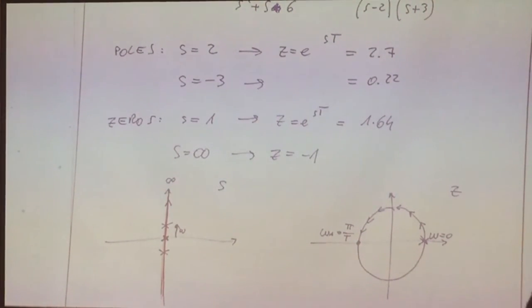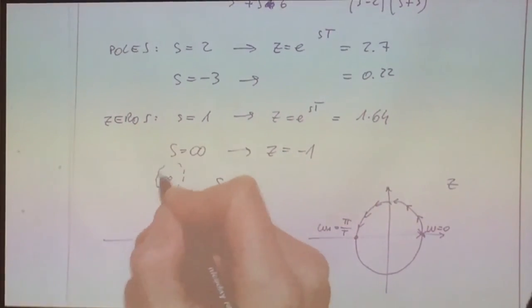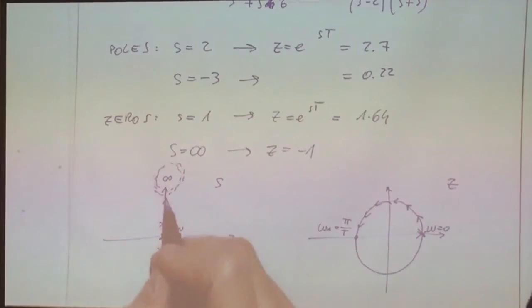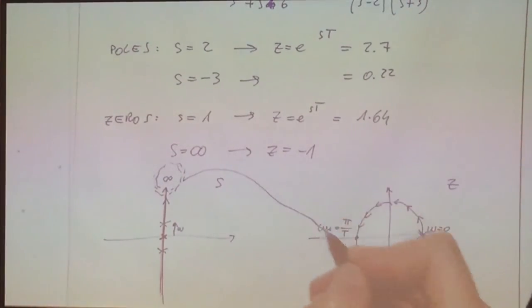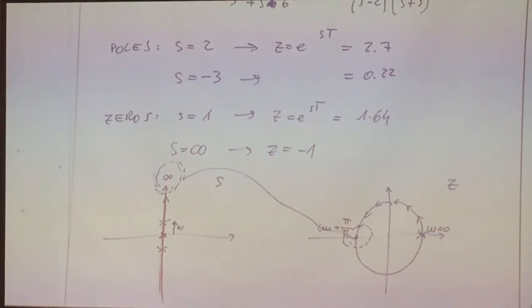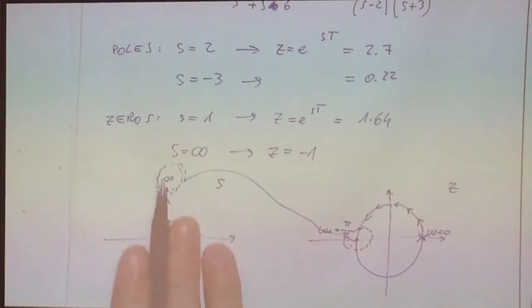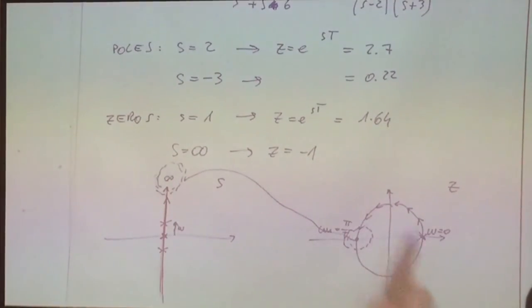So the rationale is that whatever is in this region of the S-plane should map in this region of the Z-plane, because those two regions represent in different ways the maximum frequency. And the result is that you are stretching the full imaginary axis here onto half the circle.